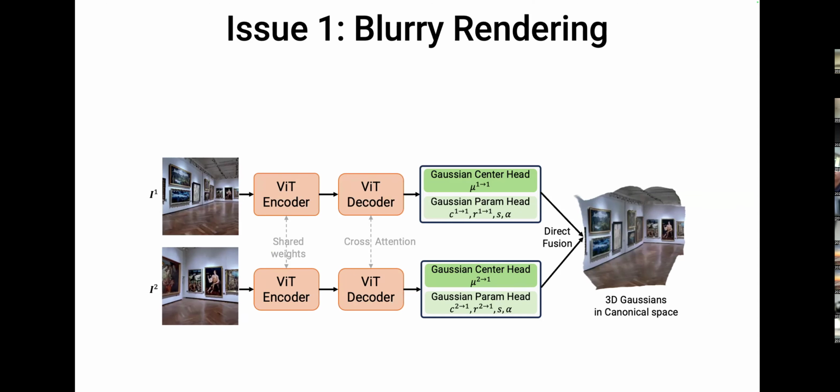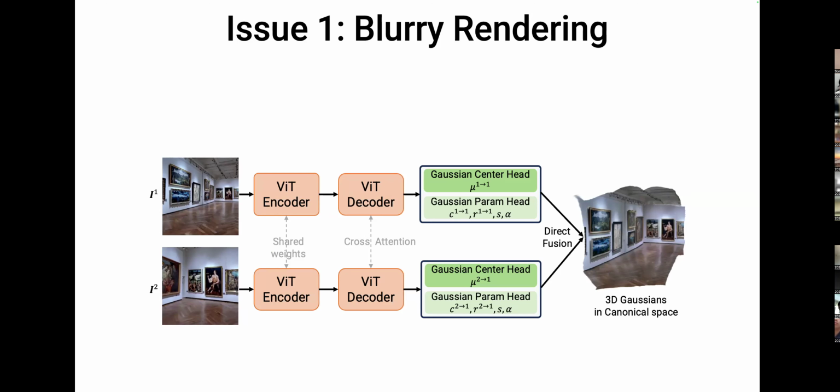The first issue in this simple architecture is that we realized the output is very blurry. We found that the rendered novel views are really blurry, especially in texture-rich regions. This is caused by the ViT backbone's downsampling, right? You downsample and then upsample, and you already lose some information.